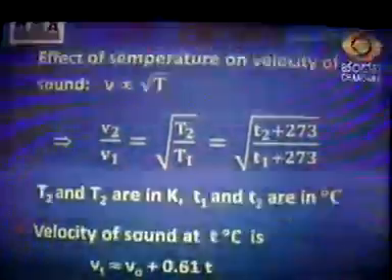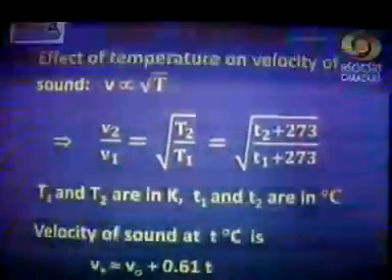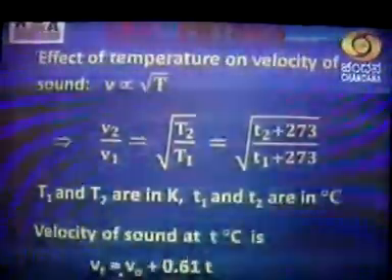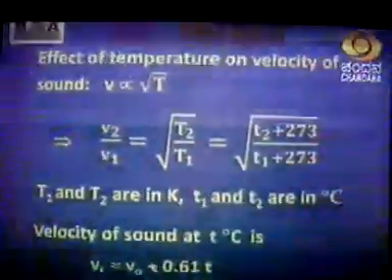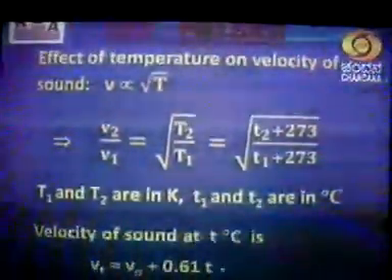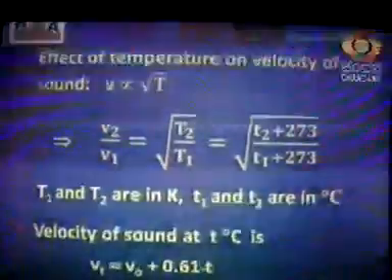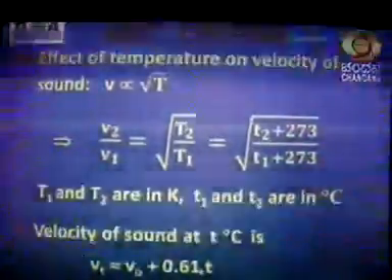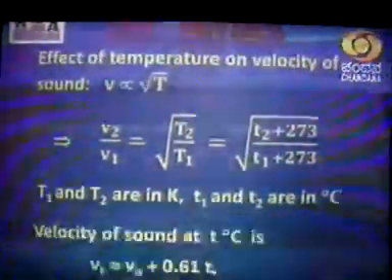Next, the velocity of sound at t degrees Celsius is given by the expression v_t is nearly equal to v_0 plus 0.61 t. That is, for every rise in temperature of 1 degree Celsius, the velocity of sound rises by 0.61 meter per second.